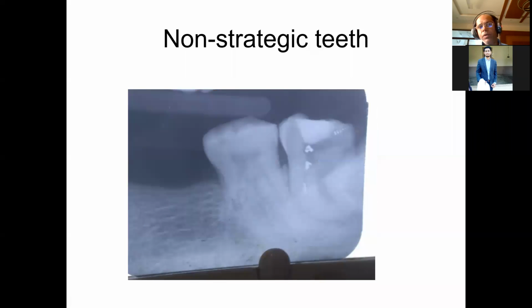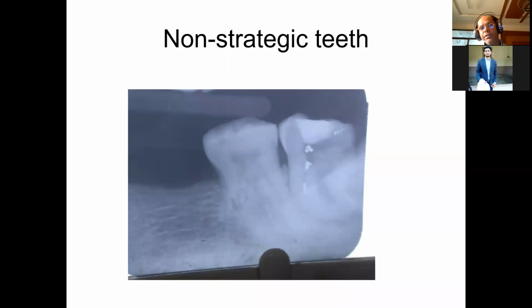Non-strategic teeth, for example your third molars. Sometimes the molars are strategically missing, so only third molars are there. So we need to save these lonely third molars for the purpose of a removable partial denture or fixed partial denture, where they could be abutments.